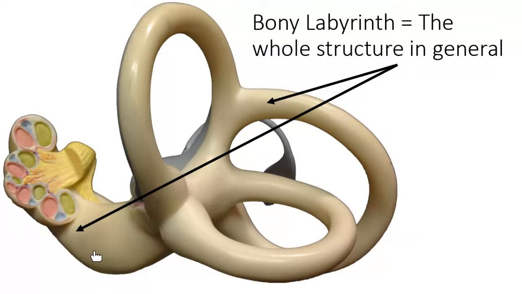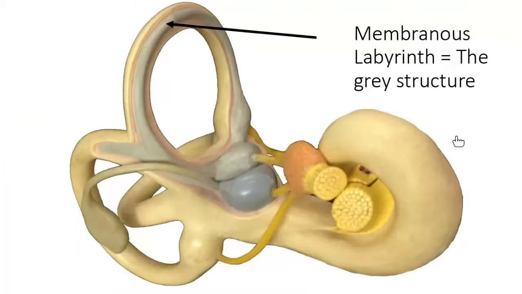That is the bony labyrinth. So if it looks ivory colored, bony labyrinth. Flip the structure around. If it looks gray, you see this gray structure here? That's the membranous labyrinth.